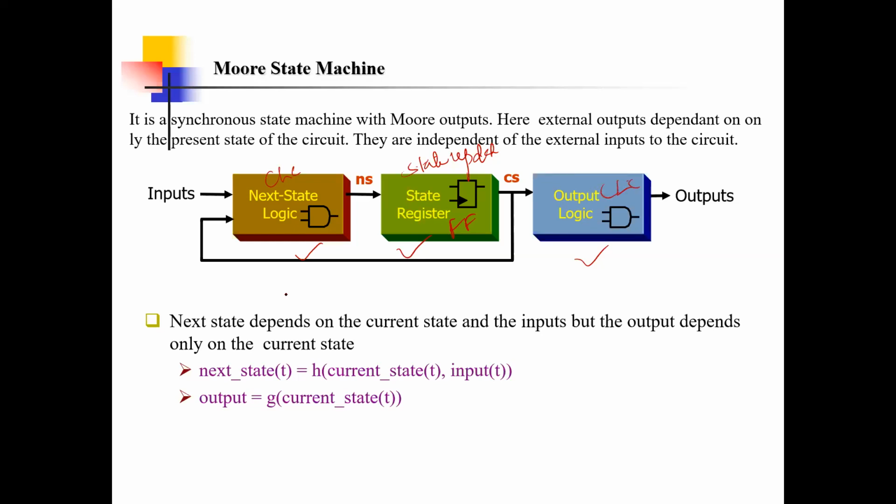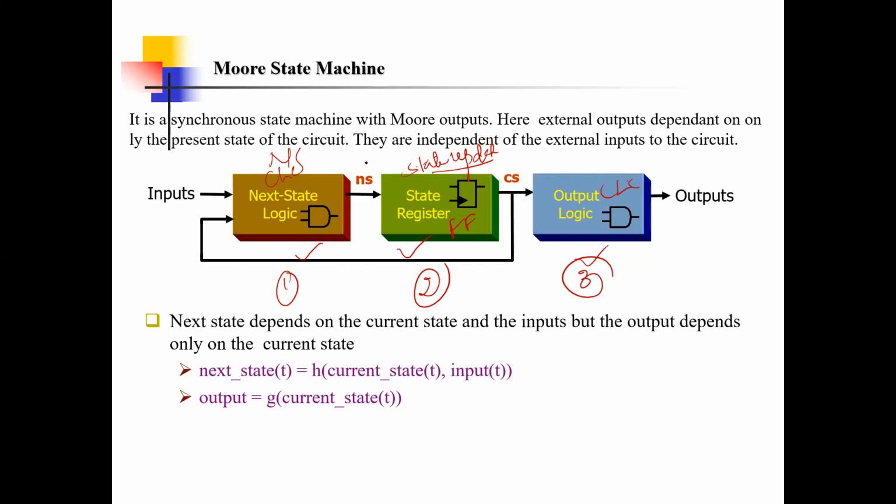So three stages: the first one is next state, the second one is state updation, the next one is output logic. The first and last are combinational, and the middle one is sequential.